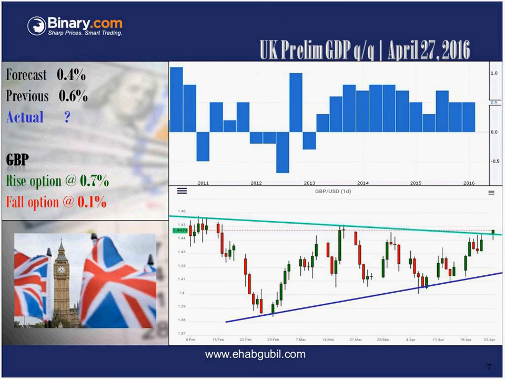UK prelim GDP will be released on April 27 at 9:30 a.m. London time. UK prelim GDP is the most important of the 3 GDP releases since it is the most likely to surprise, with the sterling pretty much driven by Brexit polls.